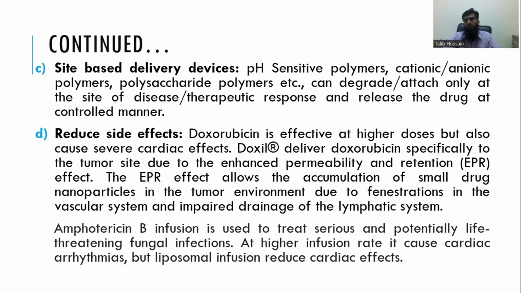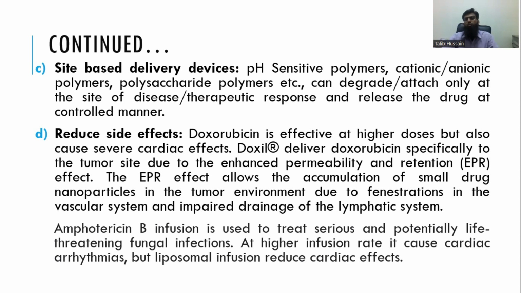Similarly, we have found that there are many diseases which cause a specific pH of the area at which the disease is present. If we are administering a drug substance with a coating of a cationic or anionic polymer, generally polysaccharides, then polysaccharides are not metabolized within the systemic circulation.